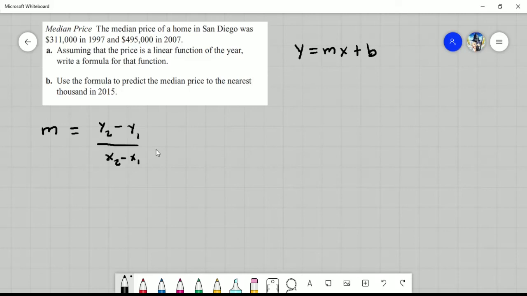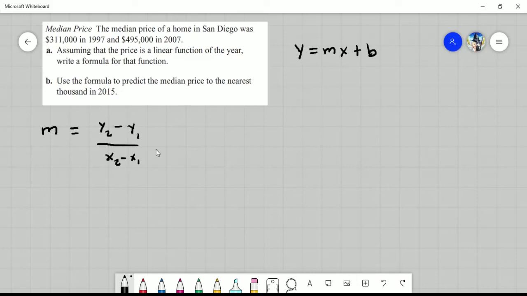If you want to use chronological logic, then your pair for the 1997 year with the price will be your x1 and y1, and the 2007 with its listing price for the house will be your x2, y2. So whatever label you make for them, make sure you keep it consistent in order to get your slope for this assumingly linear function.